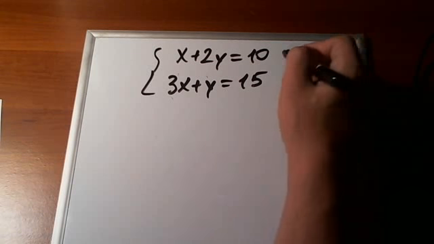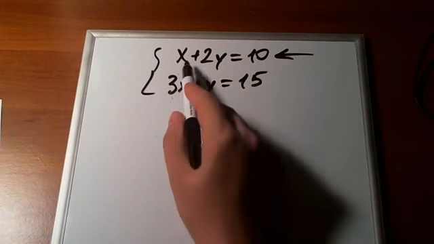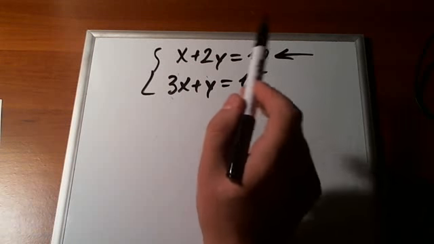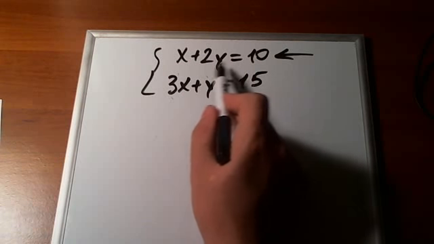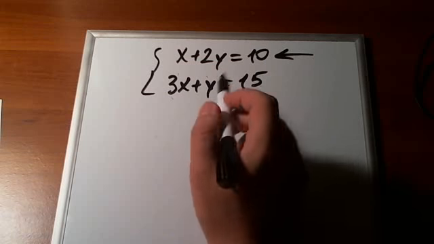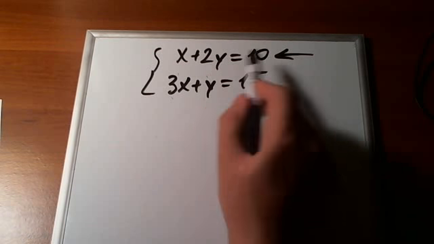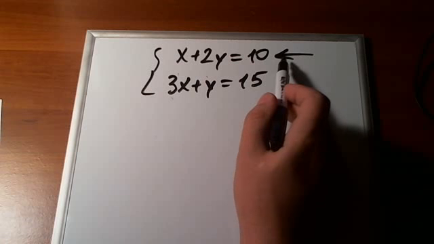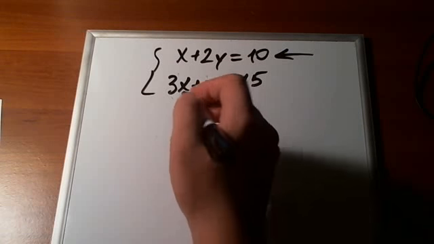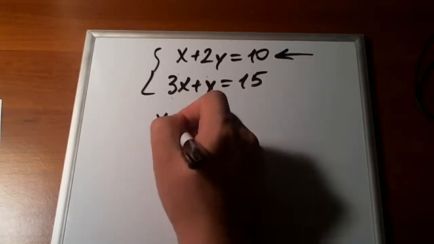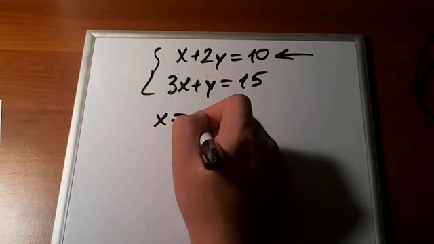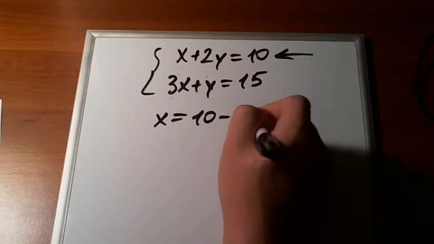Let's look at equation number 1. We can express x in terms of unknown y, variable y, and a constant 10. What I mean is, if we subtract 2y from this side of the equation, we'll have to subtract 2y from this side of the equation, and we will end up with x is equal to 10 minus 2y.